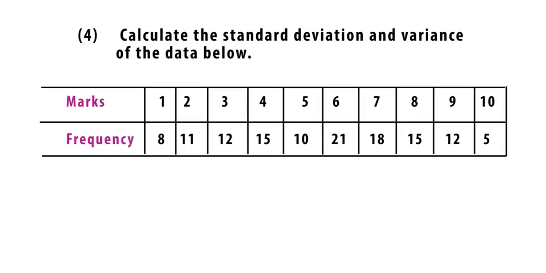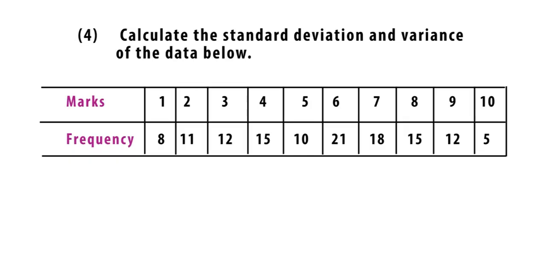Now we'll take our next question. With this interpretation, we take more questions. We want to calculate the standard deviation and variance of the data. Now this data is in a table form. We have the x and the frequency.